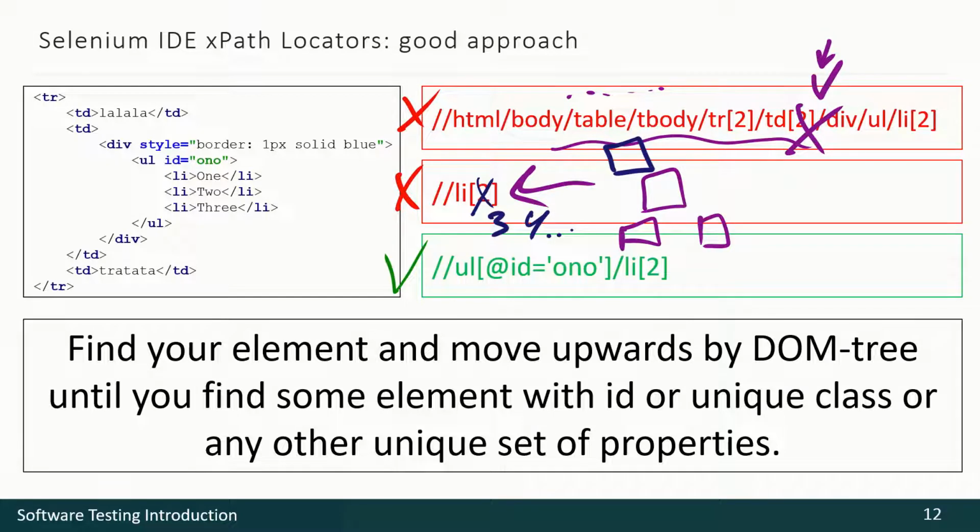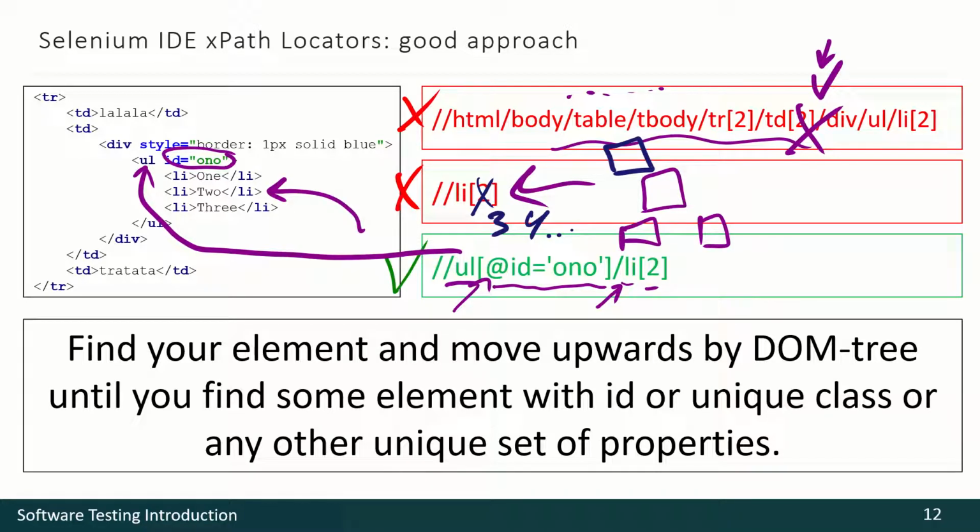But with this approach, we are doing the best we can. We are looking for some element that we can absolutely clearly identify. Like here, some unordered list with some ID. And then we are going inside the hierarchy and we are looking for the second list item. Here it is.